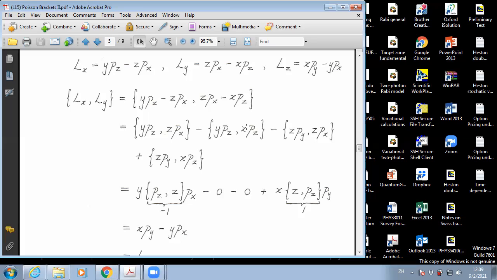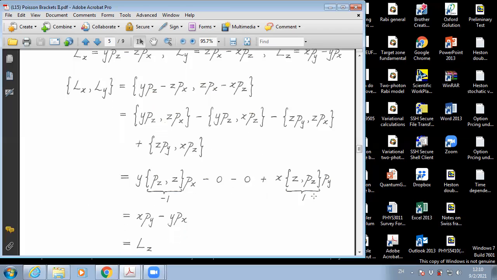The second one gives you zero, because the 4 terms all vanish. The third Poisson bracket will also give you 4 zero Poisson brackets. The last one, similar to the first one, gives you only 1 non-zero Poisson bracket.